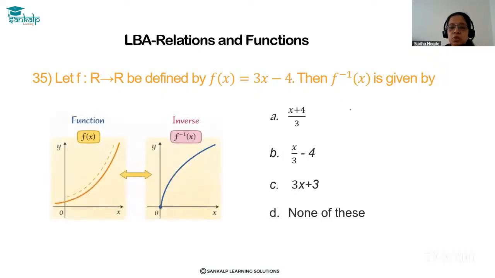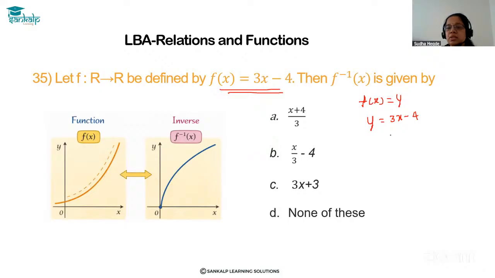Usual procedure: take f of x is equal to y. But what is f of x? What is given? F of x is defined like this, right? So y is equal to 3x minus 4.